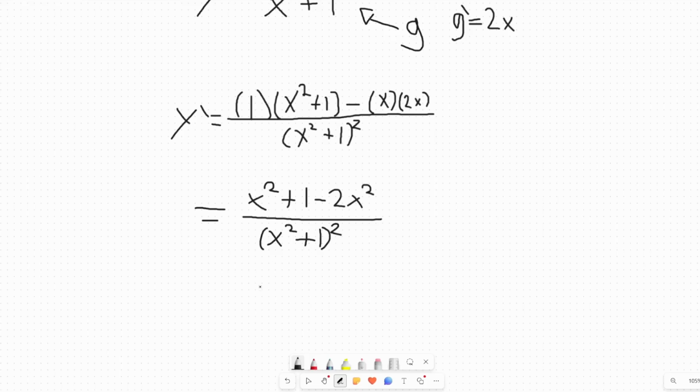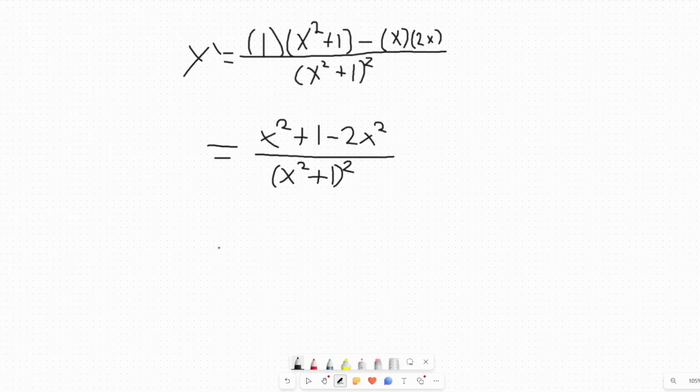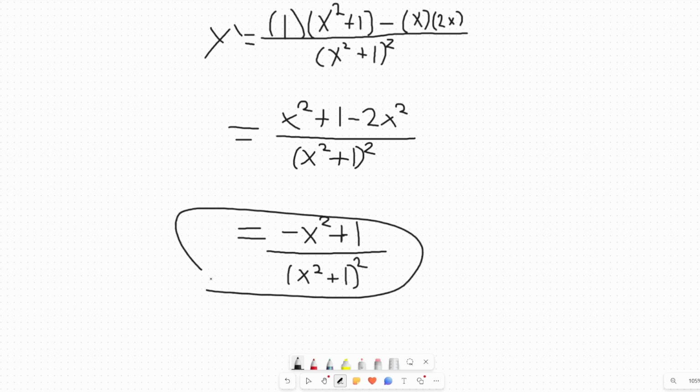All right, now if you want to simplify this further, it just becomes negative x squared plus 1, because we have x squared minus 2x squared, so it's negative x squared, plus 1 stays the same, and the denominator also stays the same, so it's x squared plus 1 squared. All right, so this is your final answer.